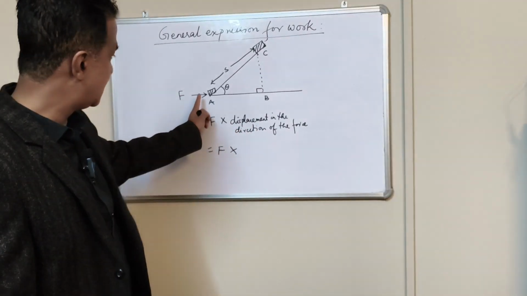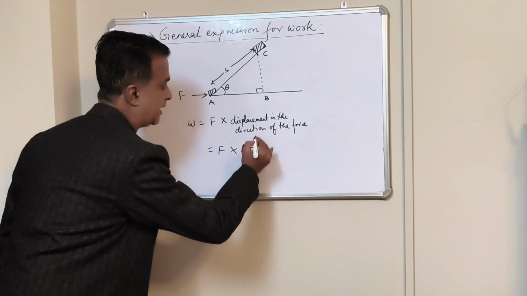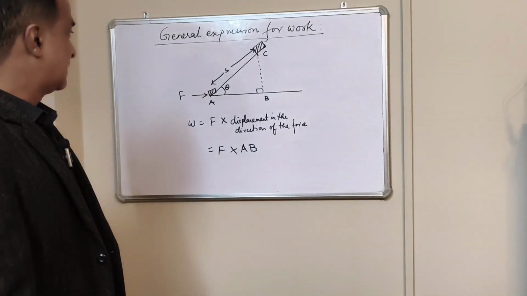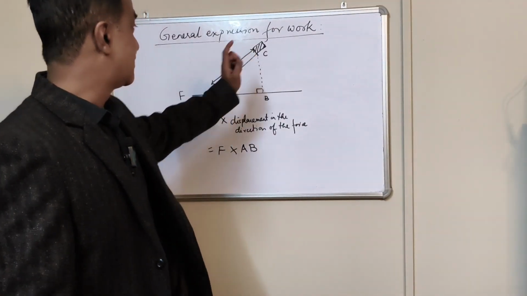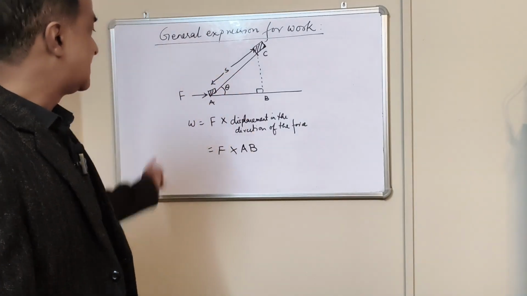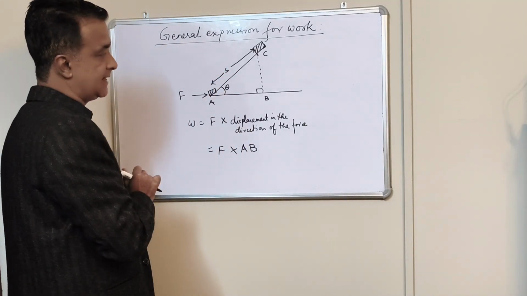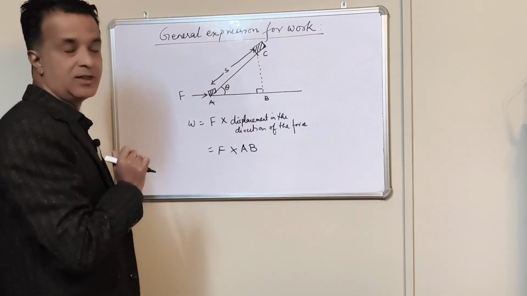So the displacement in the direction of the force is AB. So F into AB. Now since the actual displacement of the body you can see is S, let us try to link these together.